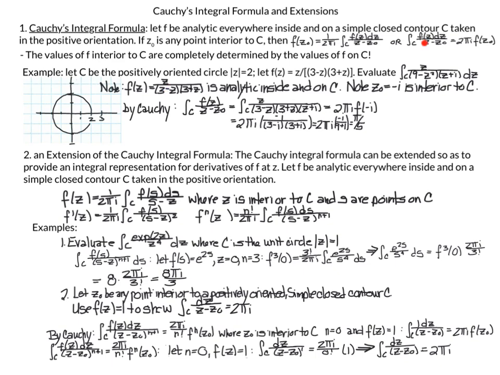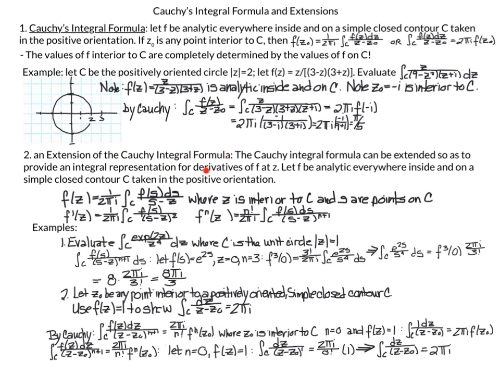And then our z minus z naught is our z plus i. So z naught is equal to negative i. Once we have our f of z identified and our z naught identified, we can simply plug into our formula. So our integral is equal to 2 pi i f of negative i, which is equal to pi over 5.